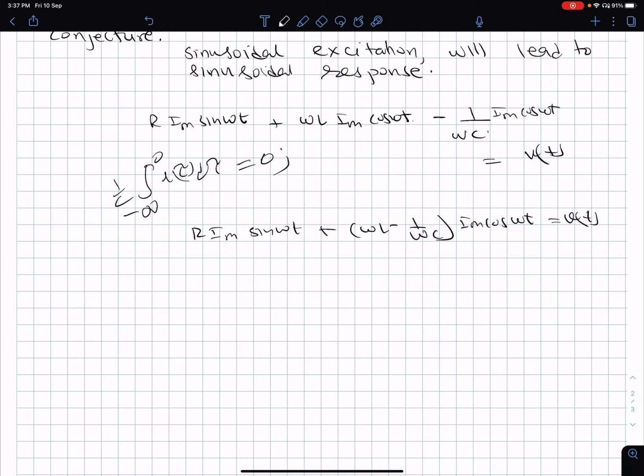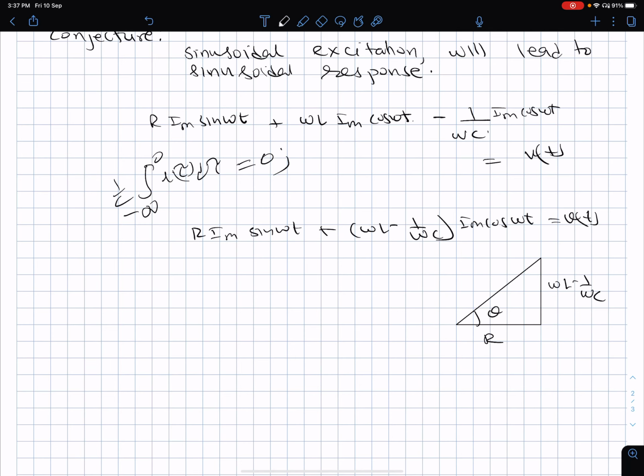So now what I will do is I'll construct a right angle triangle. Take this side as R and this as omega L minus 1 by omega C. I am assuming omega L dominates 1 by omega C, so omega L minus 1 by omega C is positive. It could be negative also, it doesn't matter. It is just a notion of convention.